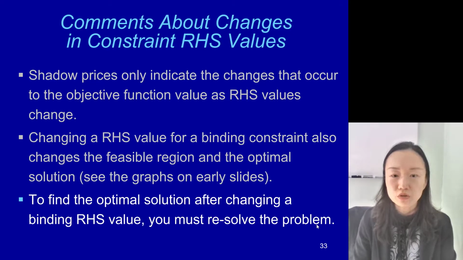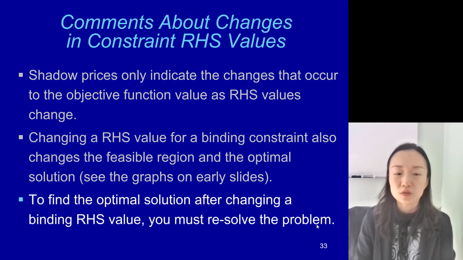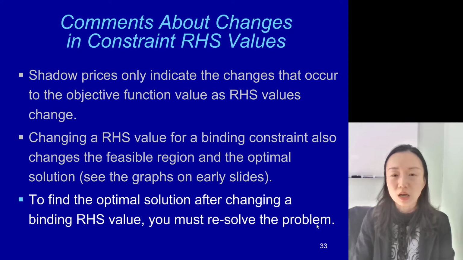You only need to calculate it using the shadow price and the units of change for those binding constraints. And if we change the right-hand side of a non-binding constraint, then we know that the optimal solution will still be the same, as long as we change that right-hand side within the allowable increase and decrease for that non-binding constraint.